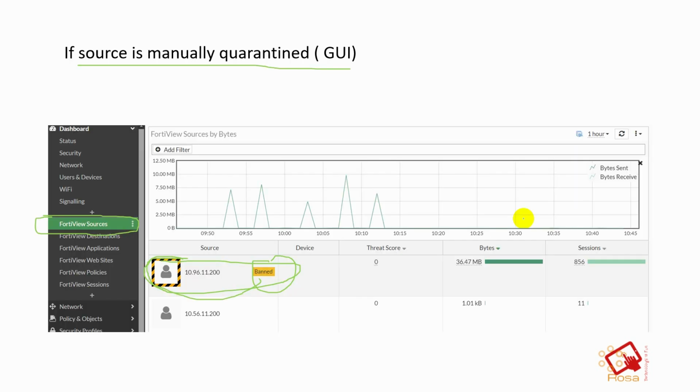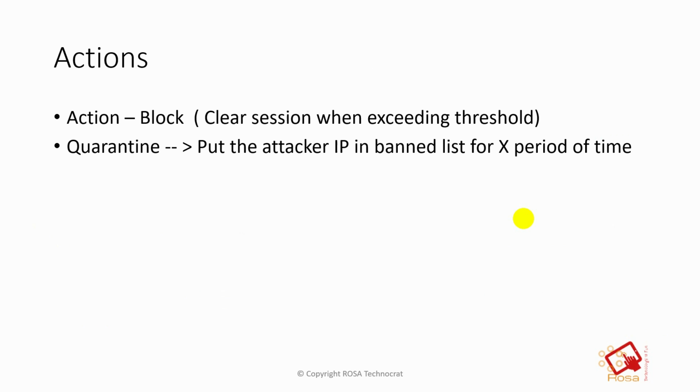So let's go back to the DOS policy. When we configure a DOS policy, it can do an action of block and at the same time also quarantine the attacker. But this quarantine attacker option is not visible in the GUI. It can be configured only in the CLI. So there can be three actions: block, block and quarantine, and monitor.